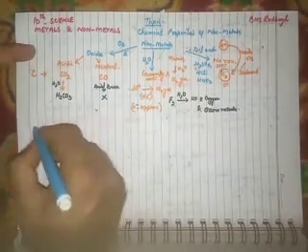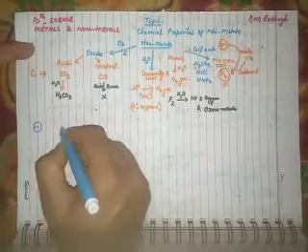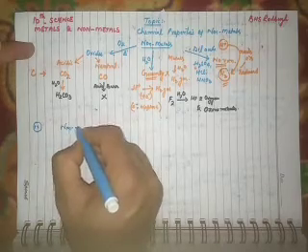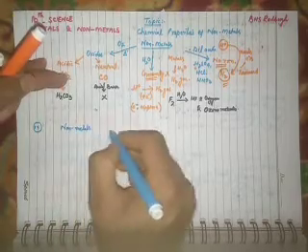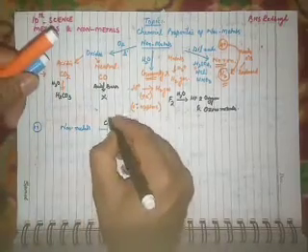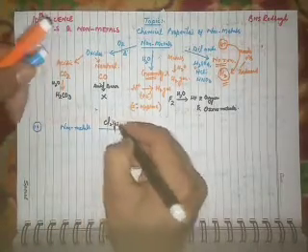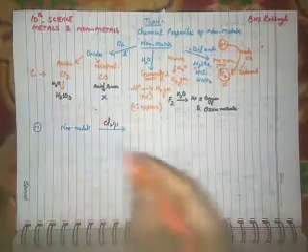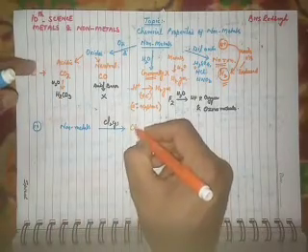So the fourth reaction is that when non-metals are treated with chlorine, we obtain chlorides.